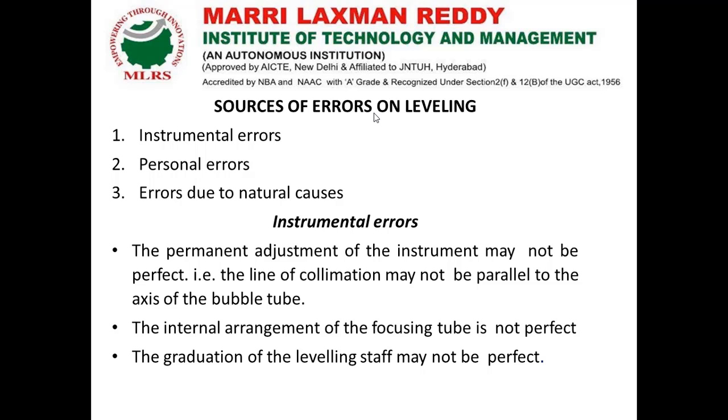Second, the internal arrangement of the focusing tube is not perfect. If the focusing tube is not maintained properly, the line of collimation does not lie in the horizontal plane, so we won't get the correct reading. Third, the graduation of the leveling staff may not be perfect, so we have to check it. Each black band and white band has a width of 5 mm.